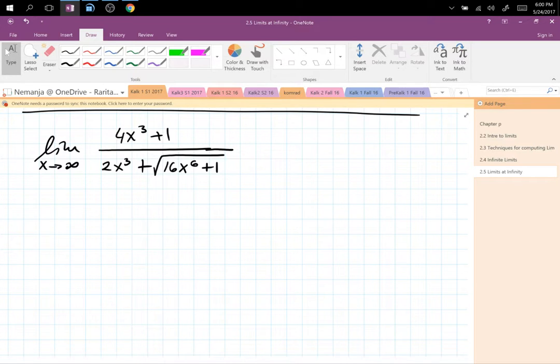X to the 6, good. So when you put that x cubed under the square root, it has to be x to the 6, which is actually what you needed, right? Kind of worked out nicely.